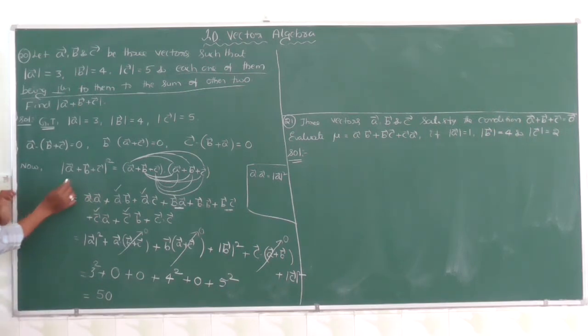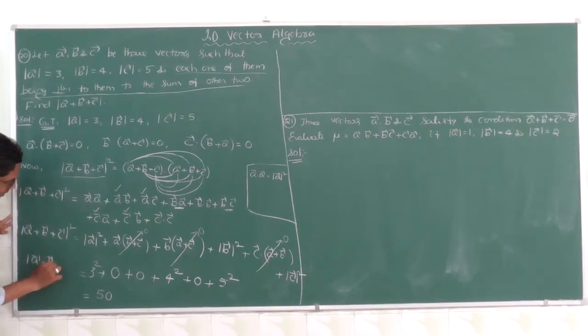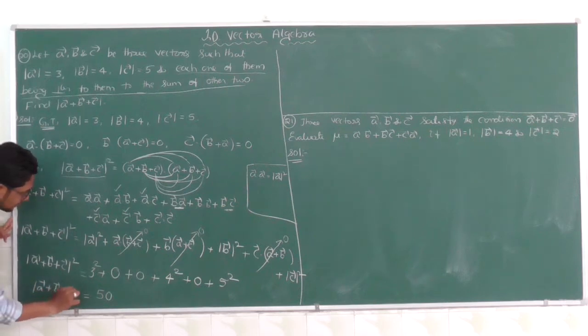On the left-hand side, what we have is magnitude of (A plus B plus C) square.